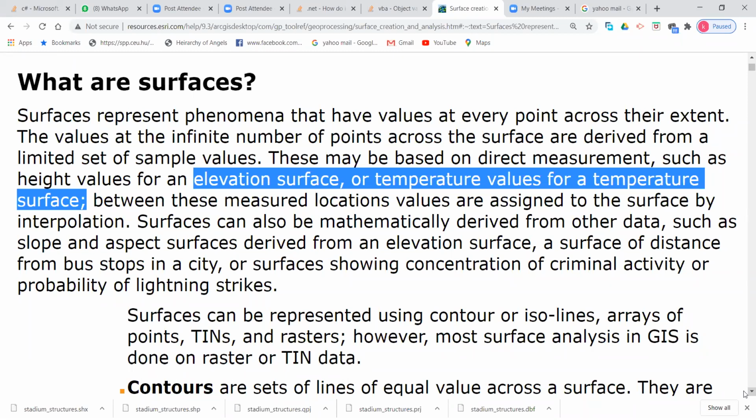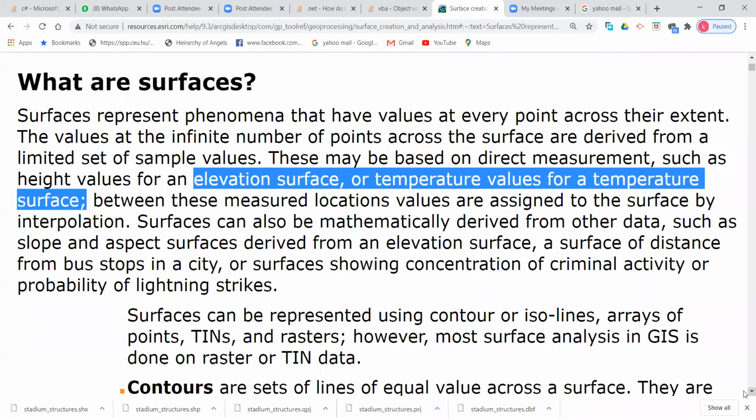Where should I have the landscape going? Are you okay? We need to appreciate it. So it's important to know that we can actually derive surfaces from other data. Is that okay? All right.